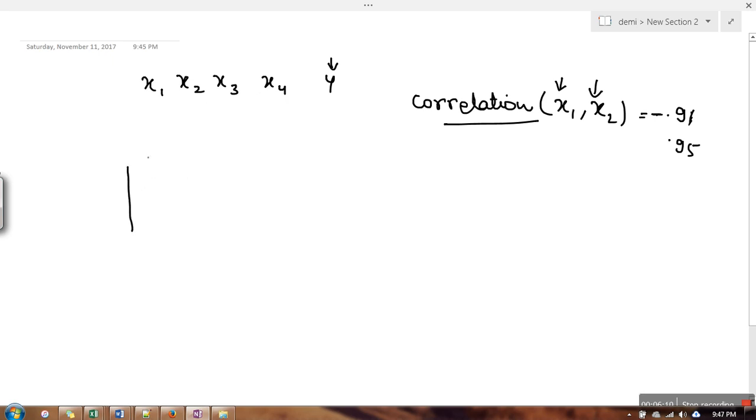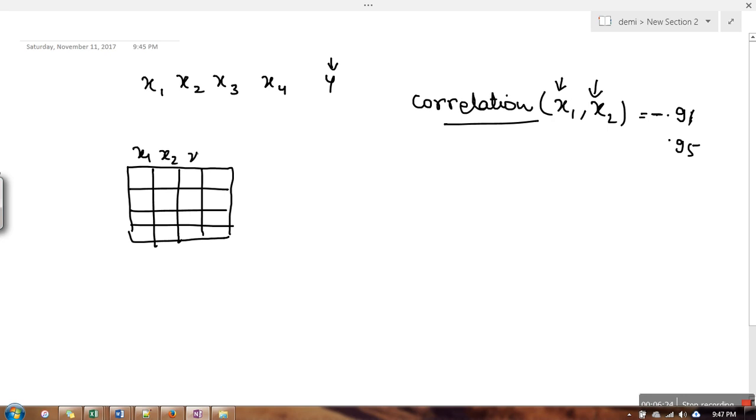This correlation actually gives us a matrix. So this matrix will be like this one: x1, x2, x3, x4, and this side also. This will be a symmetric matrix. Now people normally compute this matrix, and on the basis of this matrix they decide which attributes they need to take for their computation. Okay, so this is the correlation.